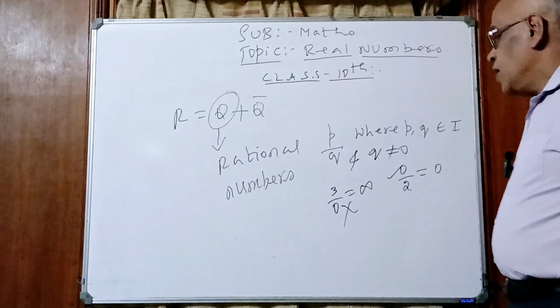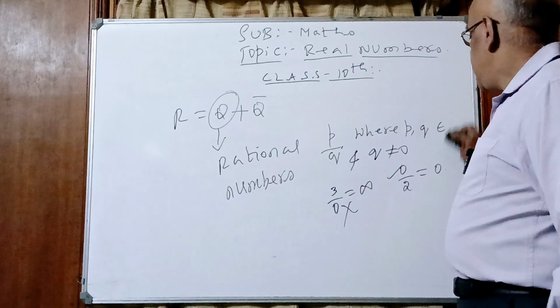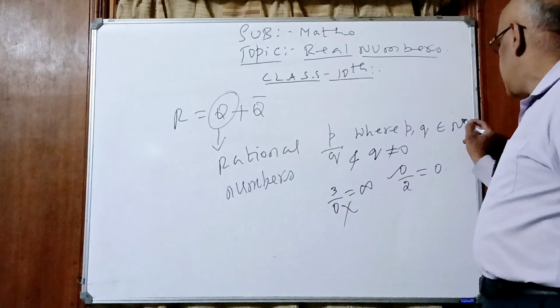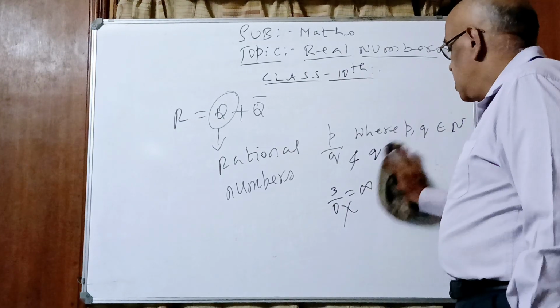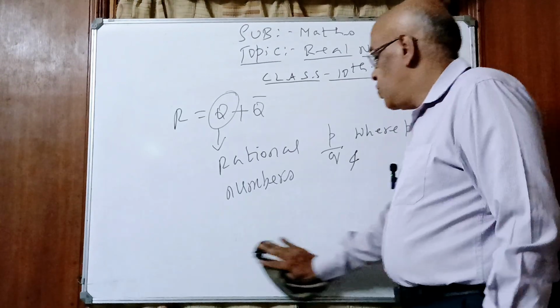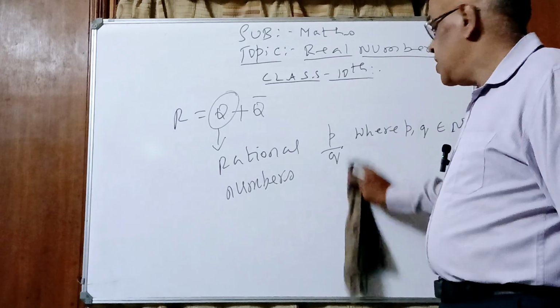That's all now. When we say P and Q are integers, if I say P and Q belong to natural numbers, then what do we say, children? We don't put the condition for Q. Mathematics is full of conditions. I keep telling you, mathematics is full of conditions, and you should understand the concept.